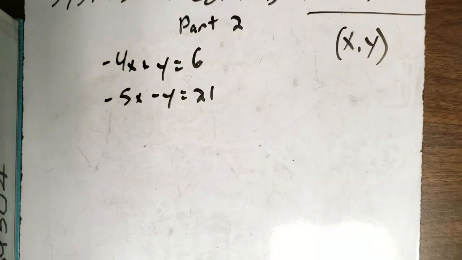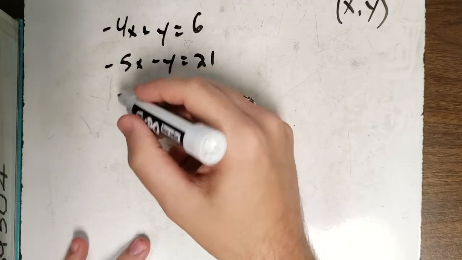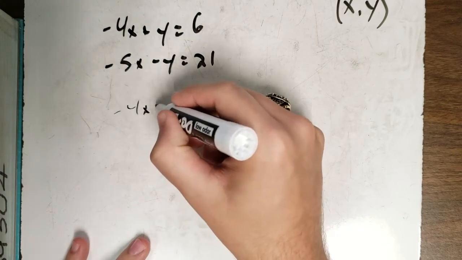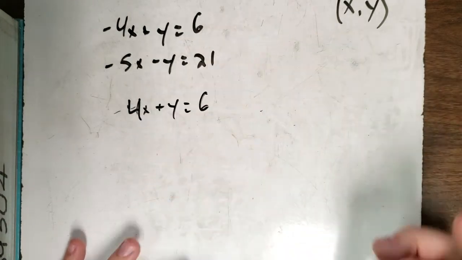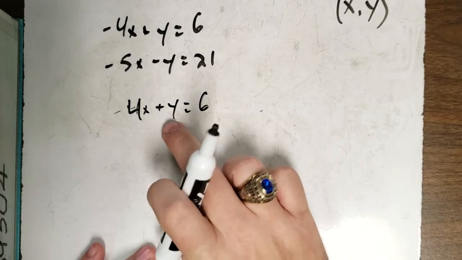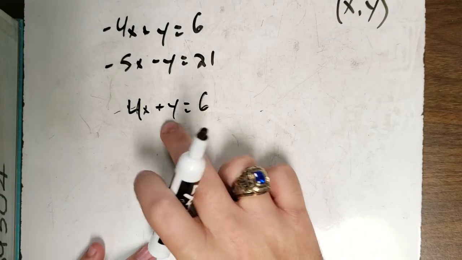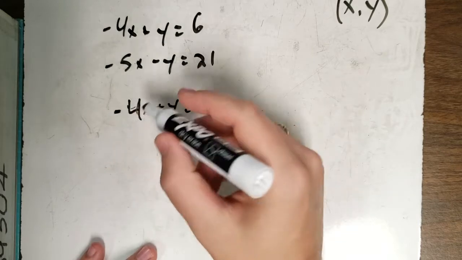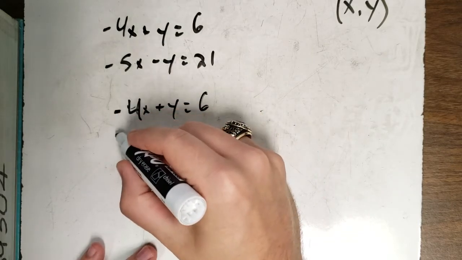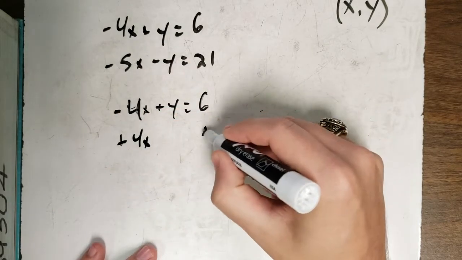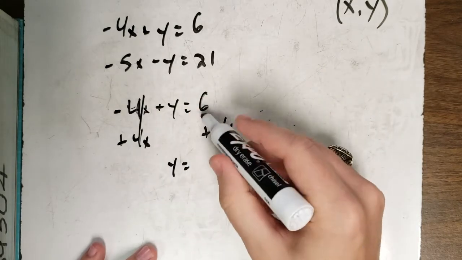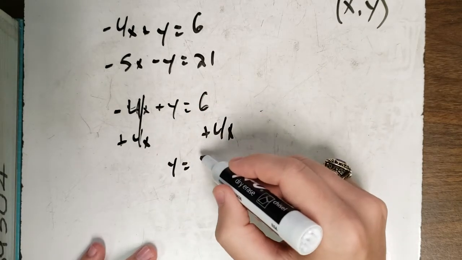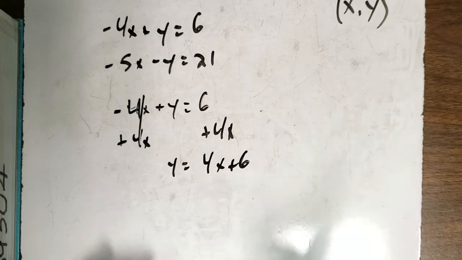So if we were to do that, I'm just rewriting the problem, -4x plus y equals 6, right? Just rewriting the equation. And to get y by itself, it's -4x. So I have to take this 4x, and when it's negative, I have to add 4x here, add 4x there. That cancels. Bring down my y, and y equals, remember, you just leave it, 4x plus 6.